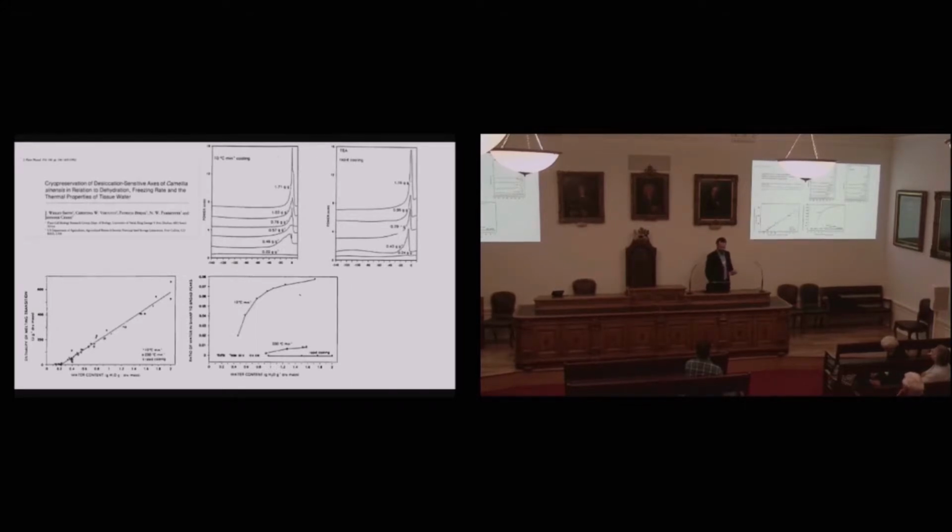The other mechanism that was detected is that by doing fast cooling, the sharp peaks that you can see here in samples that were cooled very slowly were completely absent in the samples that were cooled really, really fast.